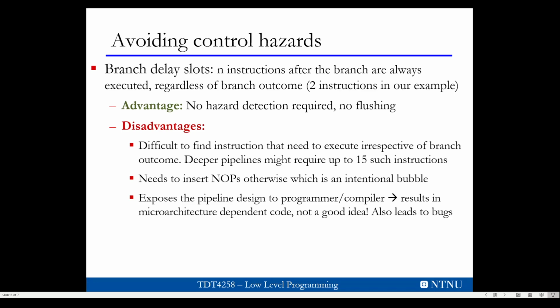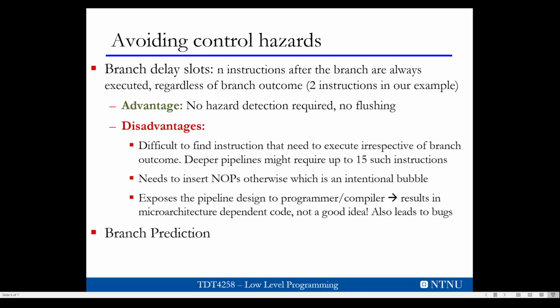And exposing this microarchitectural design to a programmer or compiler is not a good idea because it might lead to lots of bugs. It also makes the code less portable across different microarchitectures because each microarchitecture can have a different number of branch delay slots.